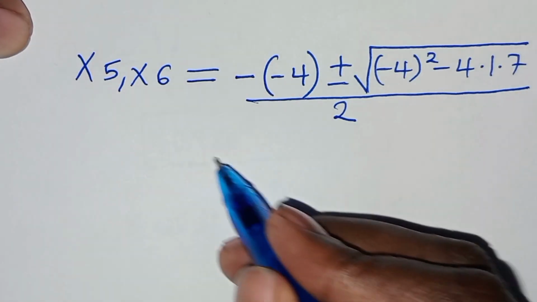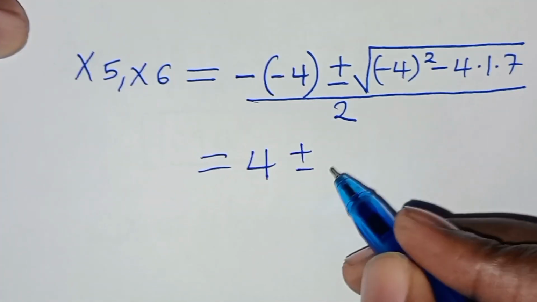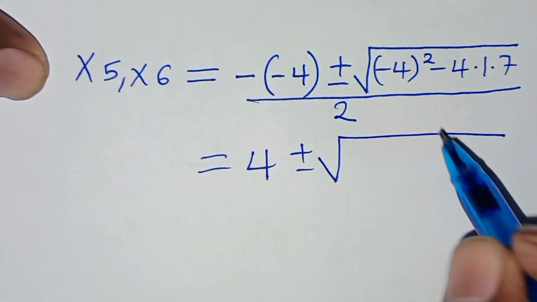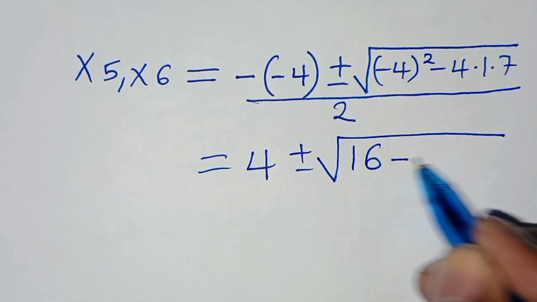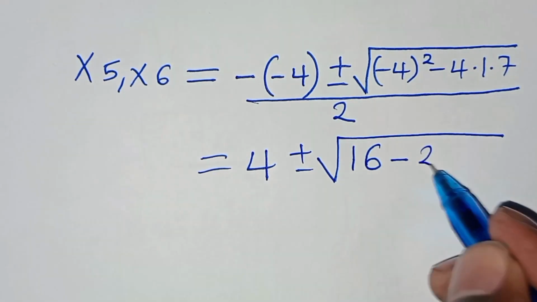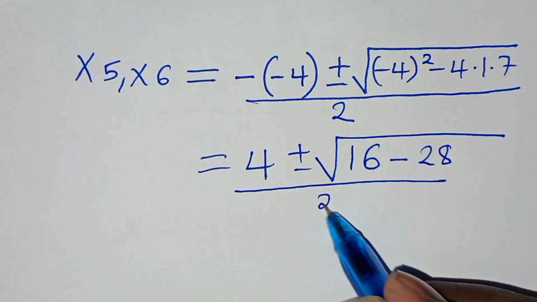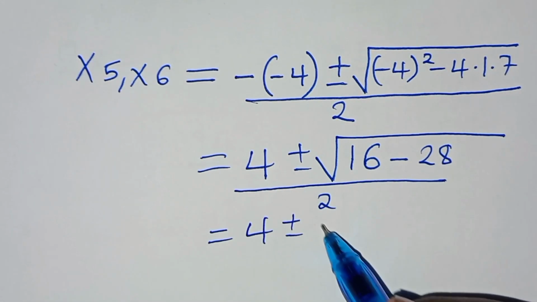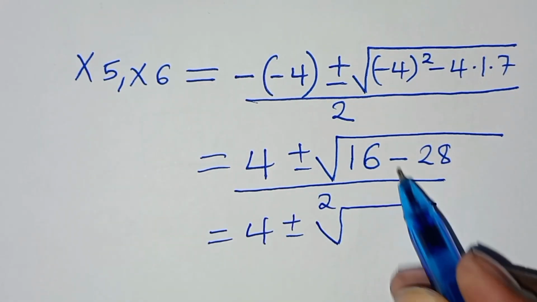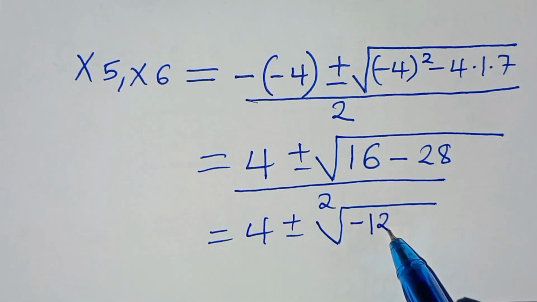So here we have minus times minus 4, this is 4, plus or minus the square root of minus 4 squared, this is 16, minus 7 times 4, this is 28, divided by 2. So that here we have 4 plus or minus the square root of 16 minus 28, this is minus 12, divided by 2.